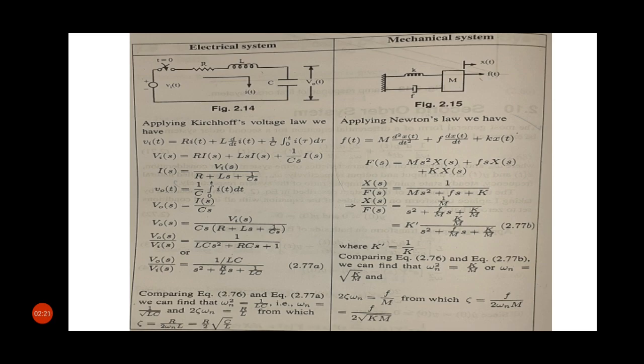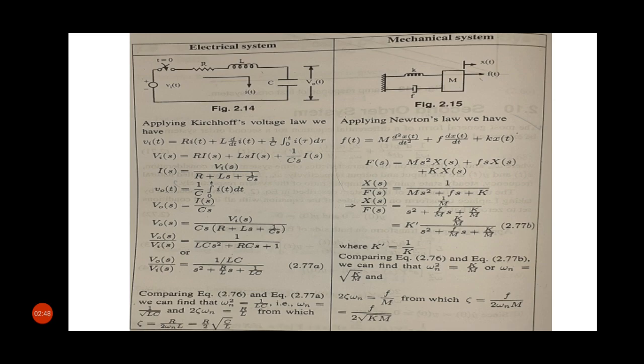If we apply Kirchhoff voltage law at the input side, then we can write this equation: v i(t) equal to R i(t) plus L di(t)/dt plus 1 by C integration of 0 to t i(t) dt. We need to find out the transfer function, that's why we apply Laplace transform.